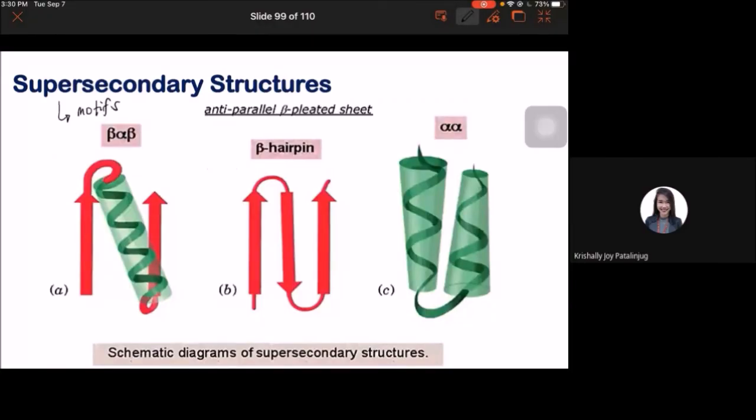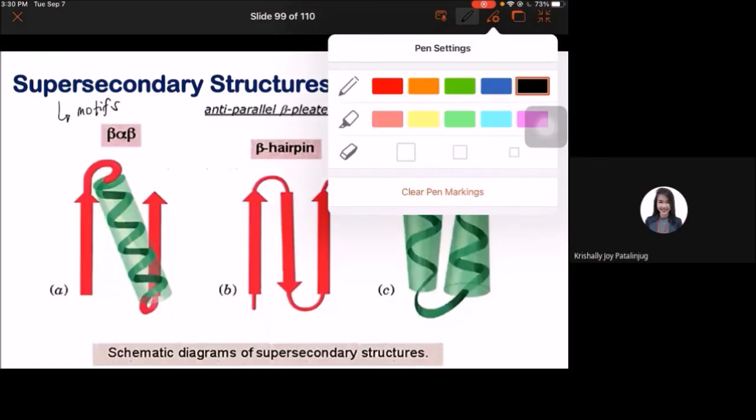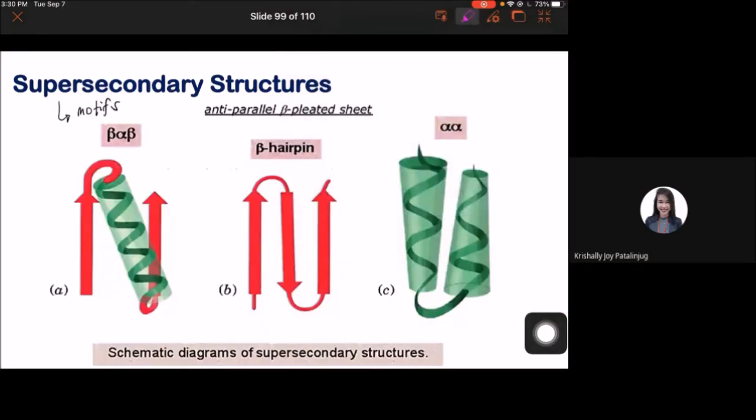Now, under this, there are actually 4 common examples of super secondary structures. So, discuss natin siya. Letter A, you have there the beta, alpha, beta. Bakit siya tinawag na beta, alpha, beta? Look at the structure.